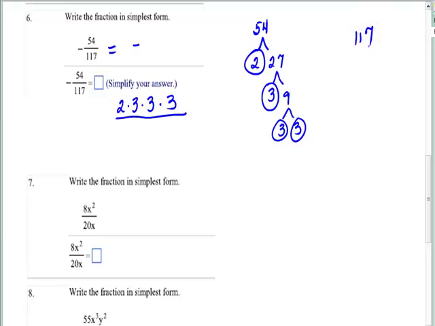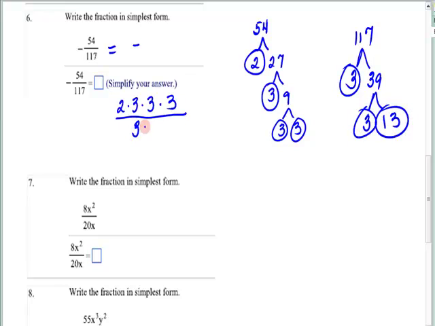Let's take 117. Well, I know 2 doesn't go into it. Does 3? Well, 1 plus 1 is 2, plus 7 is 9. So yes, because the sum of the digits is divisible by 3, this number is divisible by 3. So 117 divided by 3 is 39, and that's a prime. 3 goes into 39 13 times. 13 is a prime.